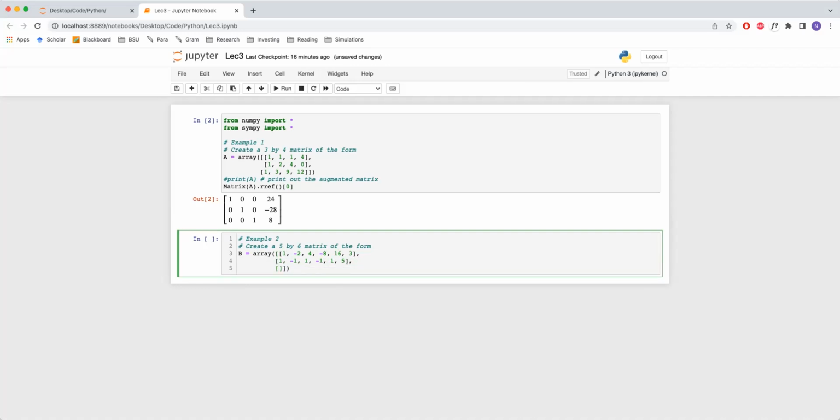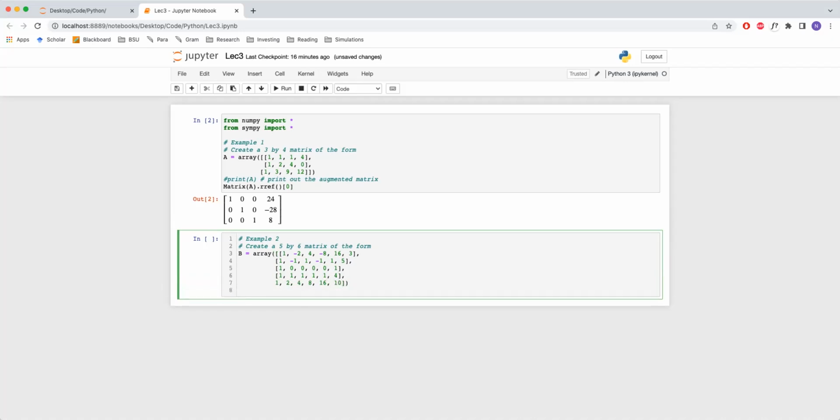The third row is just 1, 0, 0, 0, 0, and 1. The fourth row is 1, 1, so a bunch of 1s here, and the last entry is 4. And the last row is 1, 2, 4, 8, 16, comma, 10.